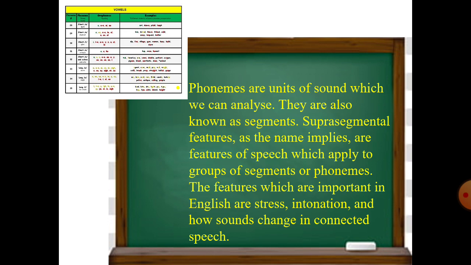Phonemes are units of sound which we can analyze. They are also known as segments. Suprasegmental features, as the name implies, are features of speech which apply to groups of segments or phonemes. The features which are important in English are stress, intonation, and how sounds change in connected speech.